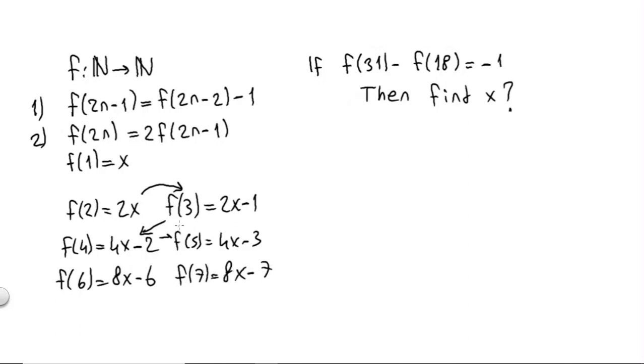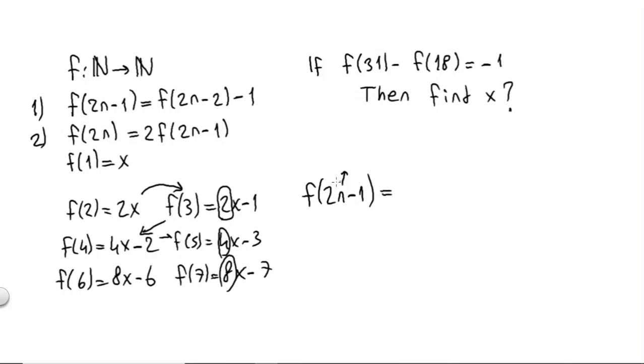So let's see now if we can find general terms. Let's look at the odd terms: f3, f5, f7. The first thing I can notice is that I have 2x, 4x, 8x. Obviously, I was just multiplying by 2, so I just got powers of 2. So I'm going to try to write f of 2n minus 1. For example, to get 3, I need to put n equal to 2 here. When I put n equal to 2, I got the first power of 2. When I put n equal to 3, I got the second power of 2.